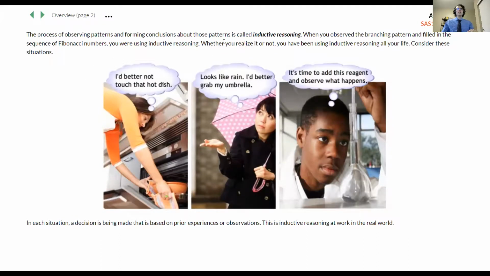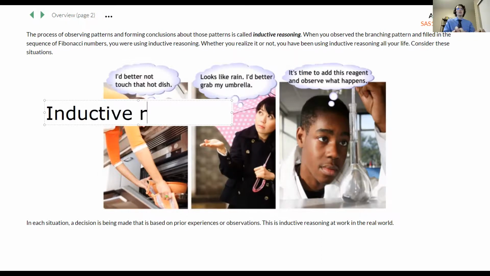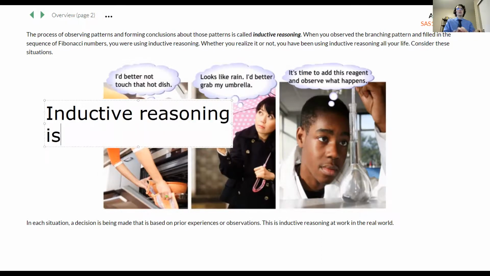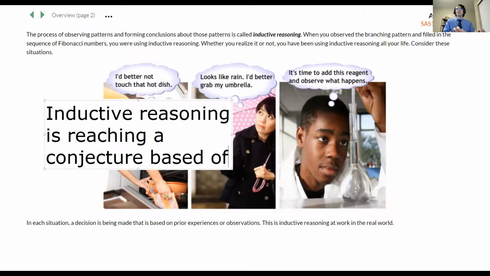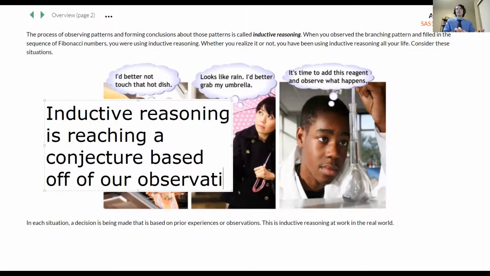So what I'm going to say is, and I'll just make it pretty big. I liked the process of observing patterns and forming conclusions, but I'm going to say inductive reasoning is reaching a conjecture based off of our observations.